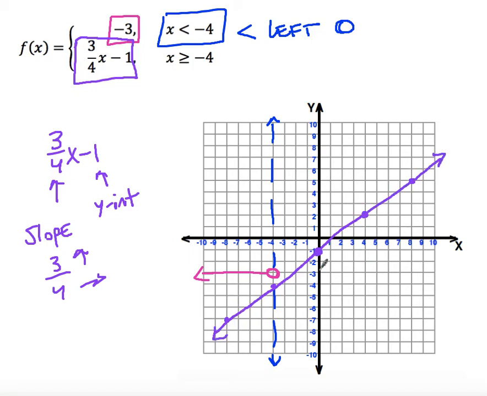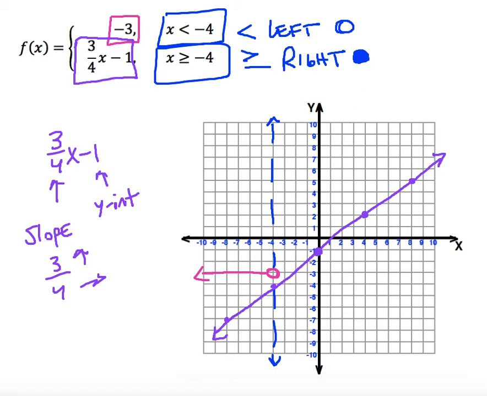And now look at the restriction. The restriction is greater than or equal to this blue line at -4. Greater than means we need to stay to the right. And since it has the "or equal to," that means we need a filled in circle where it hits the blue line.